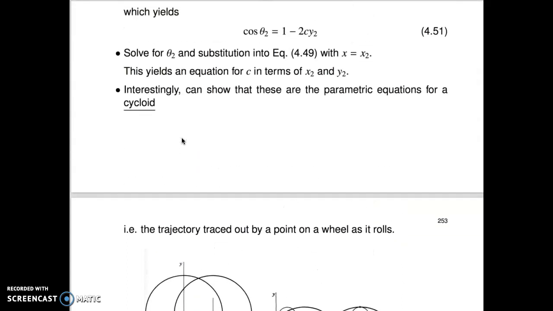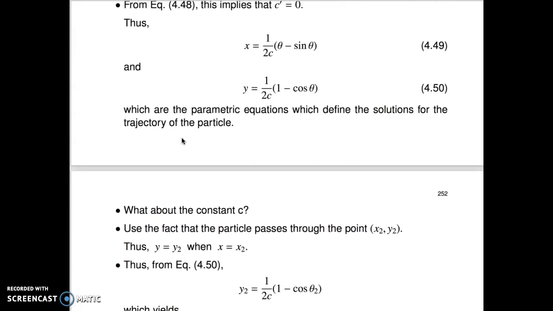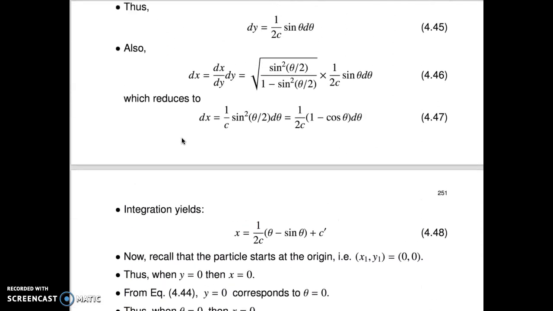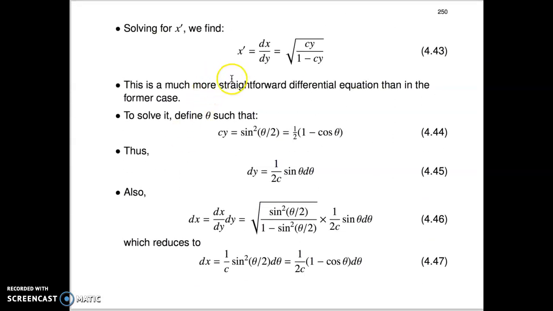The important part of this problem is a little bit less the solution to the differential equation than how to get to the differential equation.